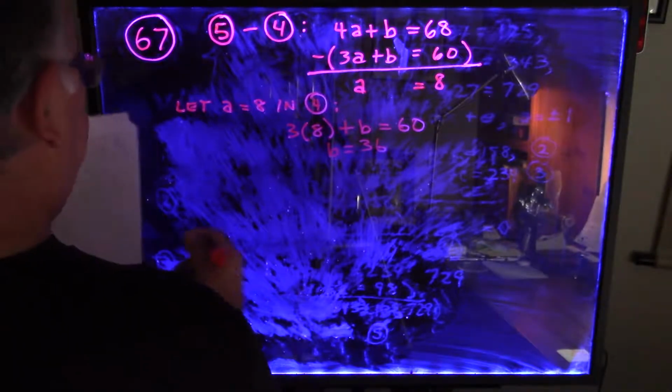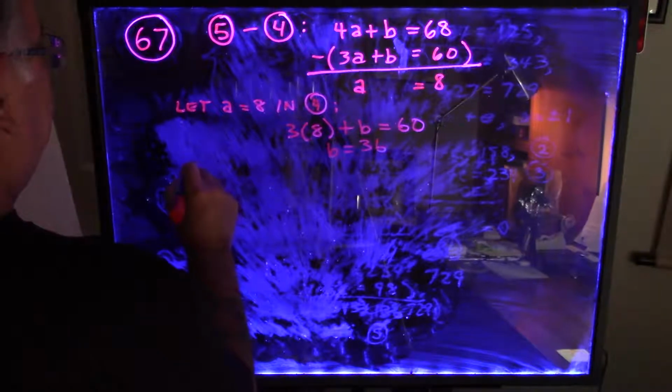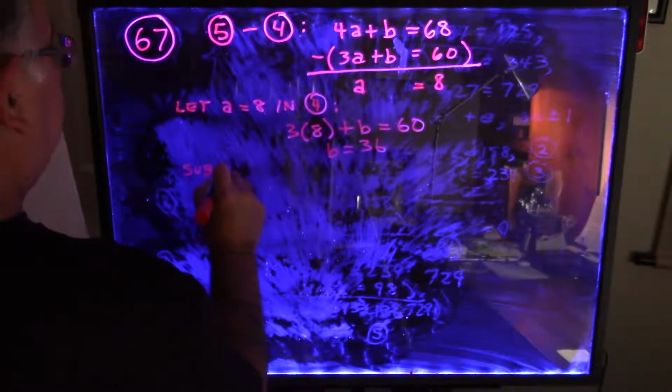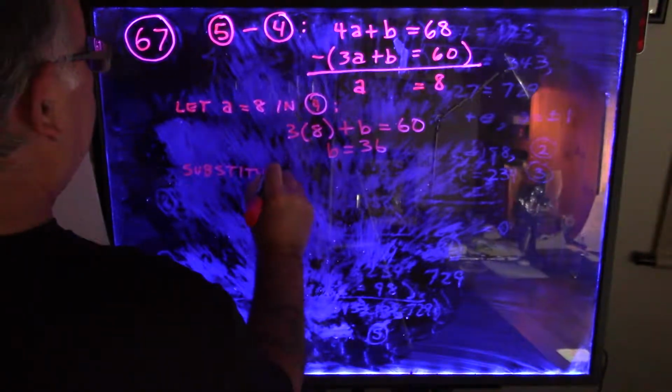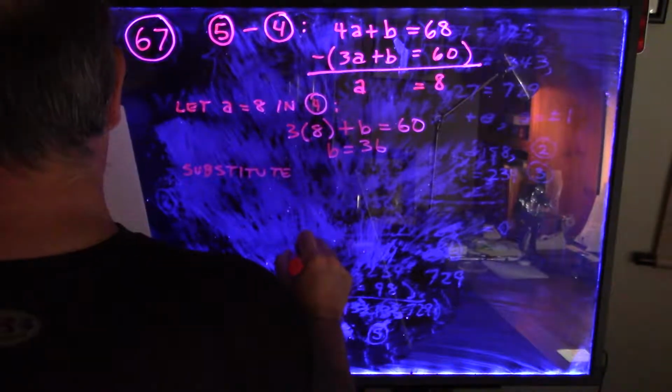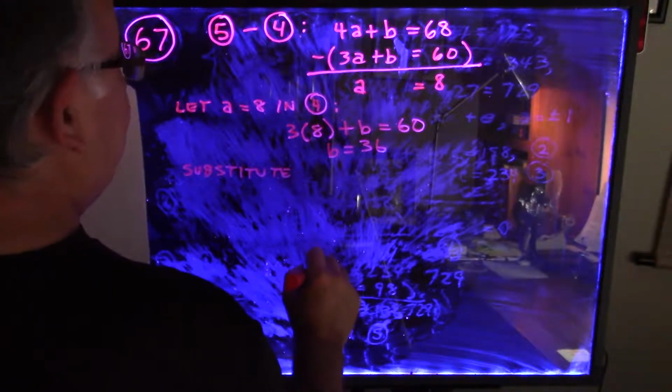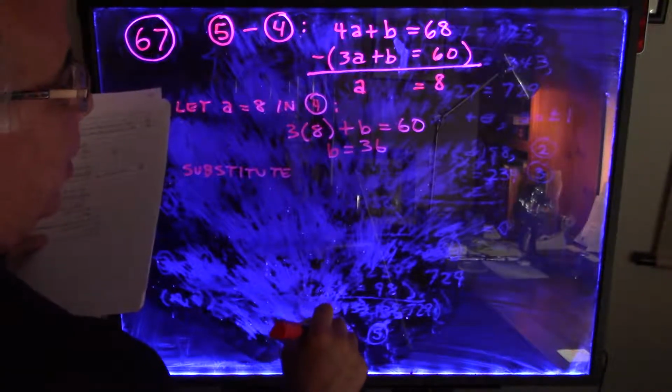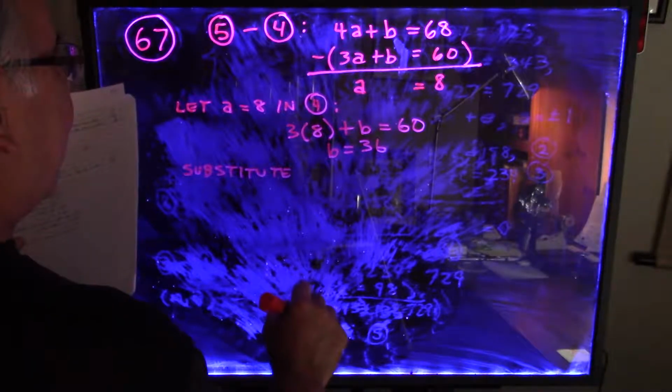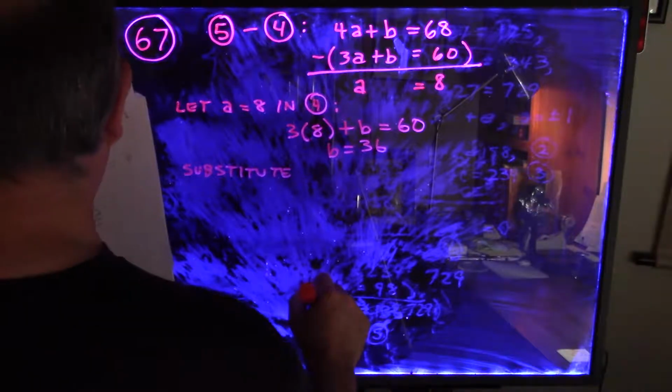Alright, now we need to find c, so we can use one of the original equations involving a, b, and c. Use the easiest one, that would be equation 1.